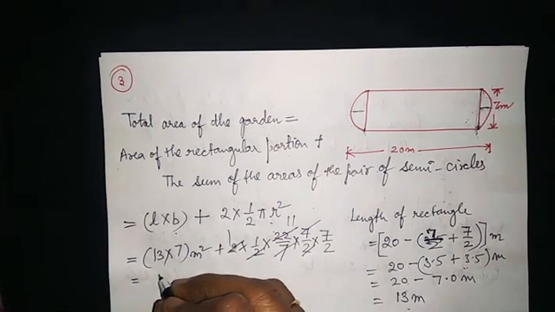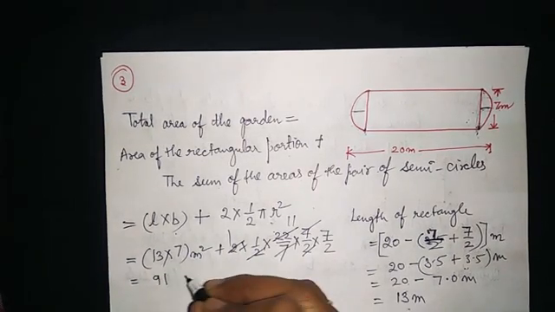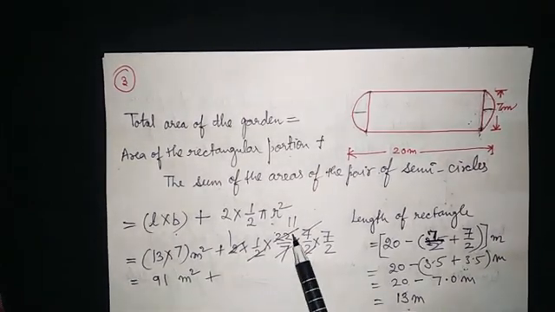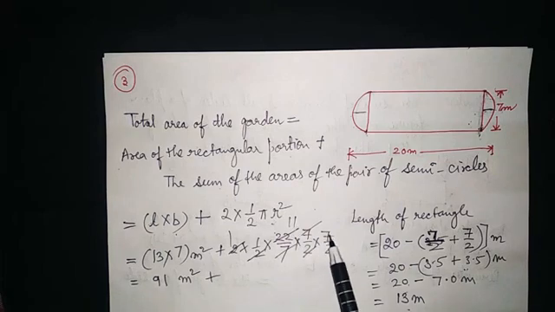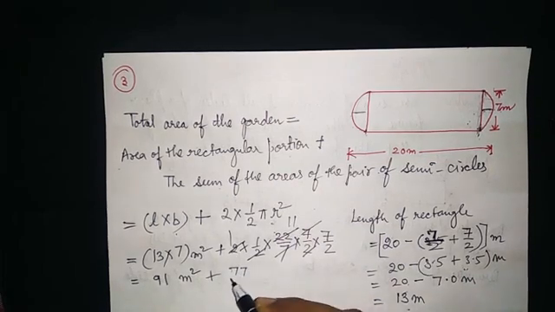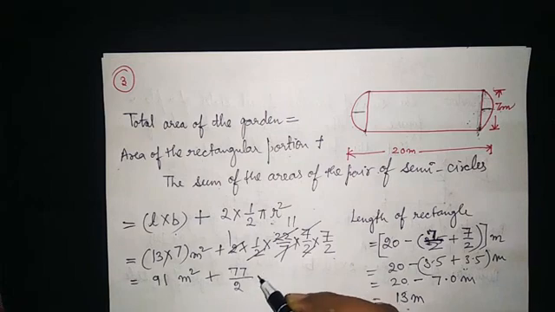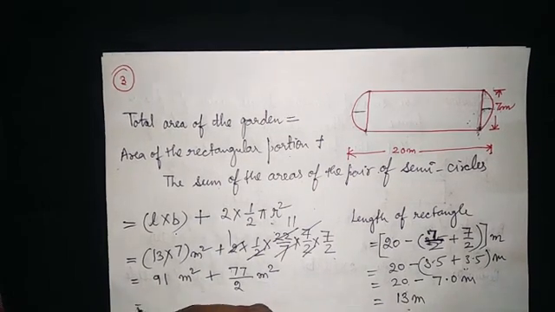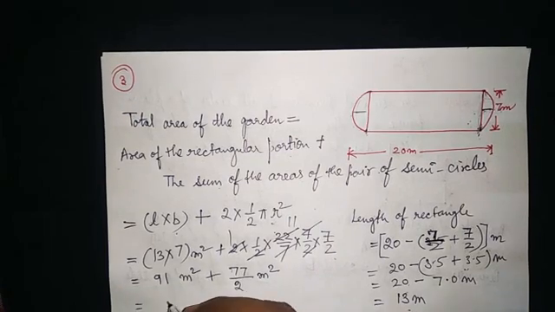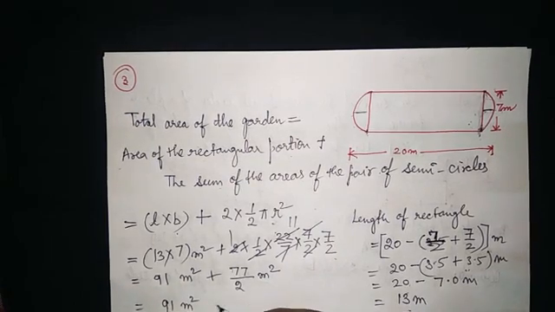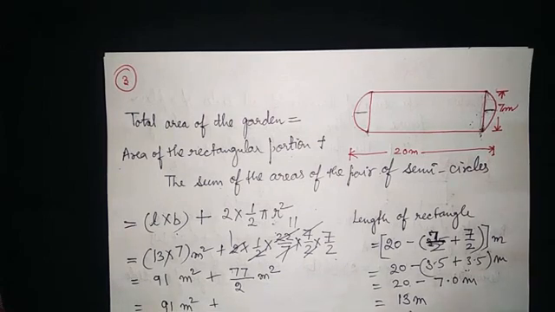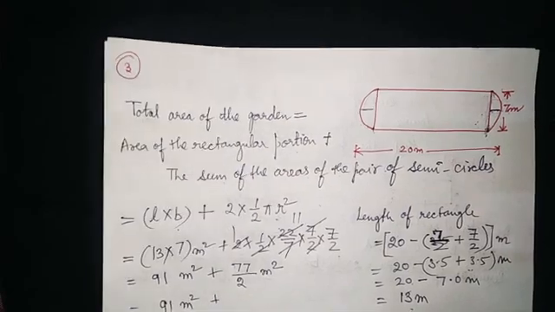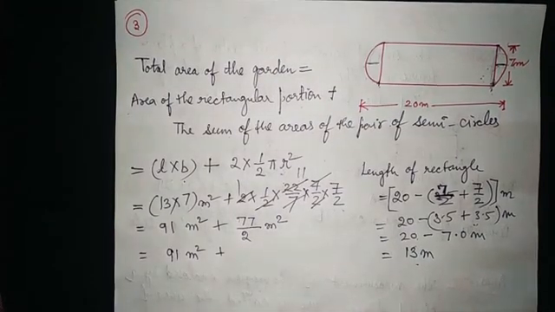Now 13 sevens are 91 meter square, and here 11 into 7 is 77 upon 2 meter square. Now we will solve it. Here 91 meter square is coming, and now we solve 77 upon 2 meter square.